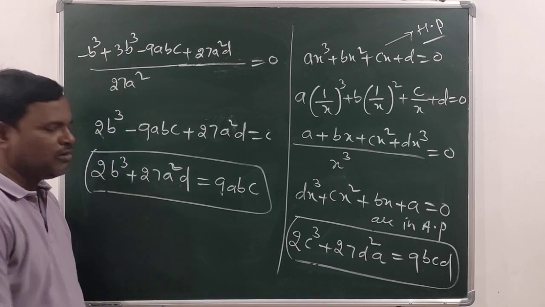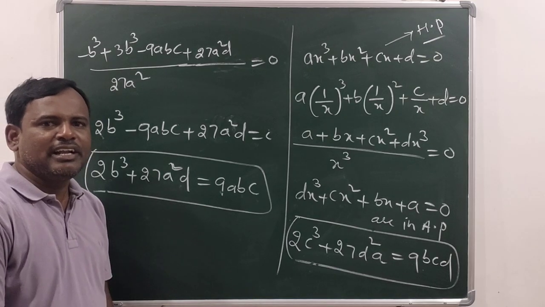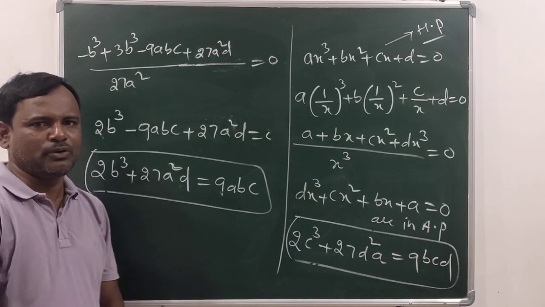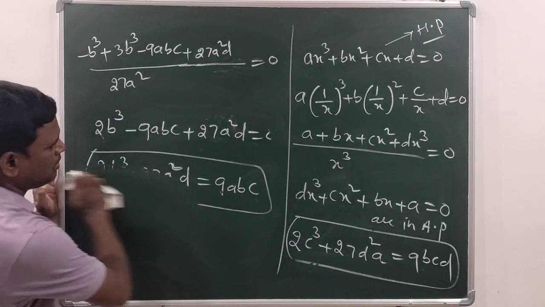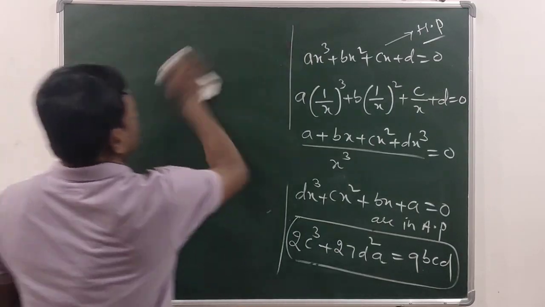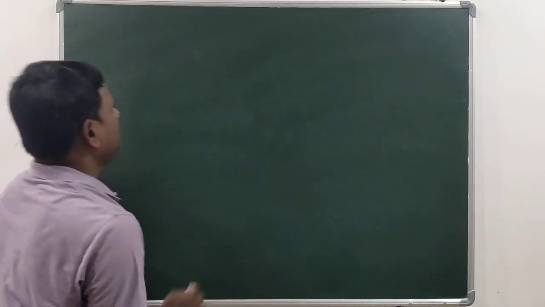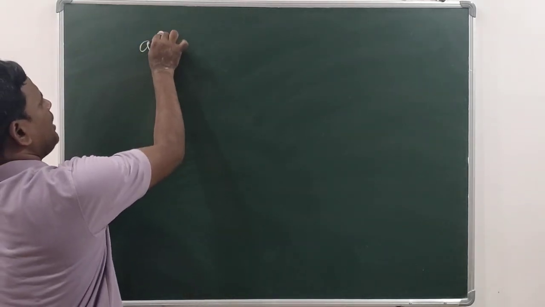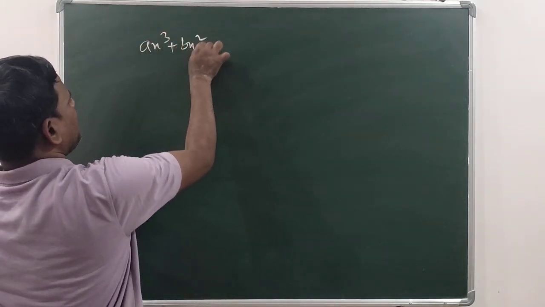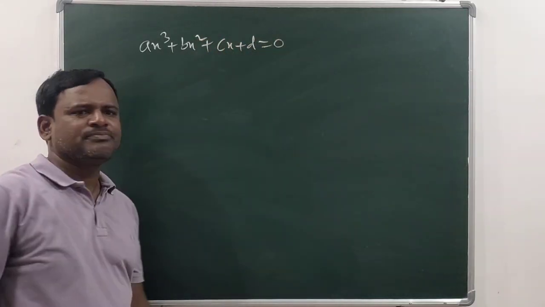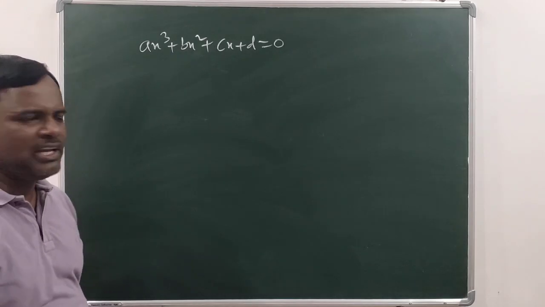Okay. Now let us go to write the condition for this cubic polynomial if whose roots are in geometric progression. See here, ax cube plus bx square plus cx plus d equal to 0 is the given cubic polynomial equation.